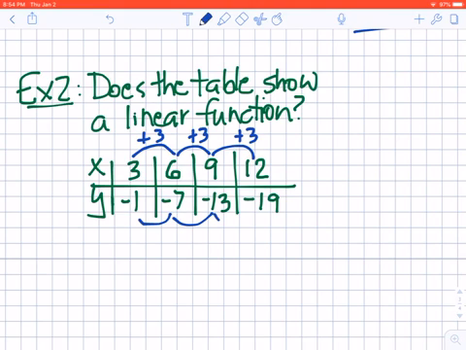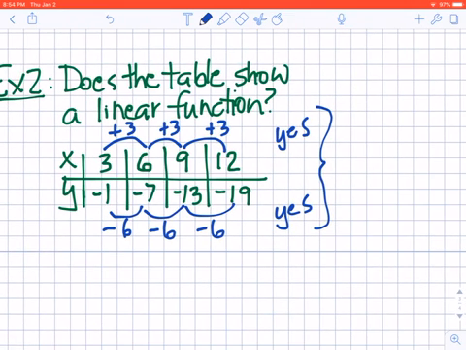And as we look on the y values, the range values, I am going down by 6 every time. And so are they constant in the x? Yes. Are they constant in the y? Yes. So because we have 2 yeses here, we can say yes, it is linear.